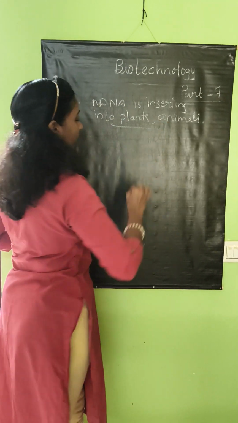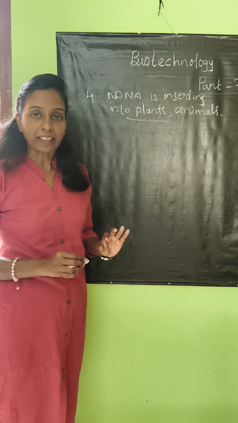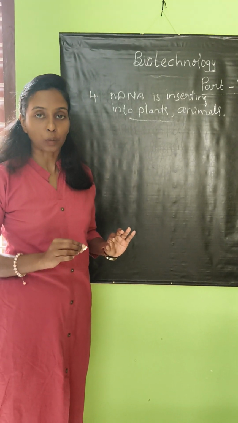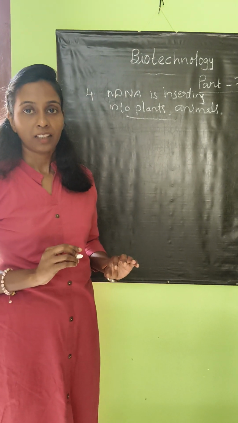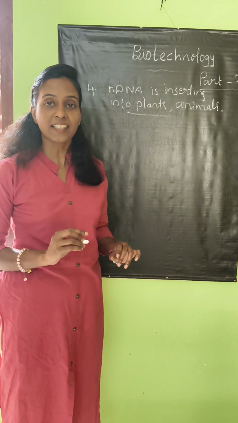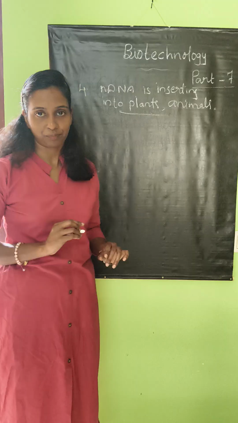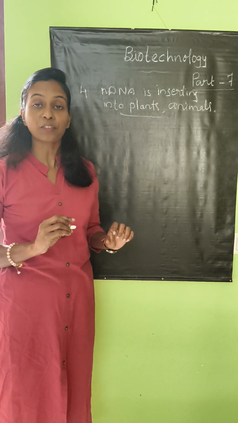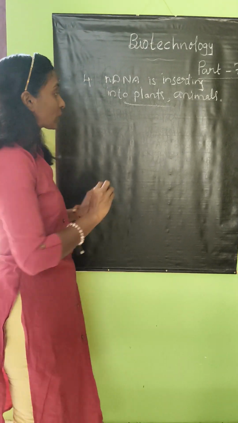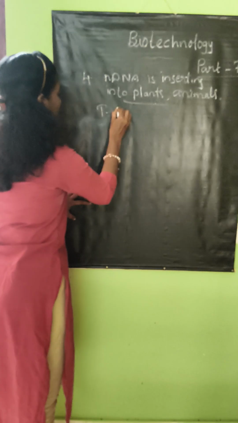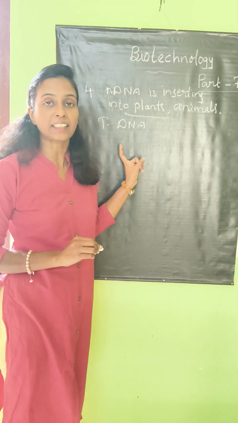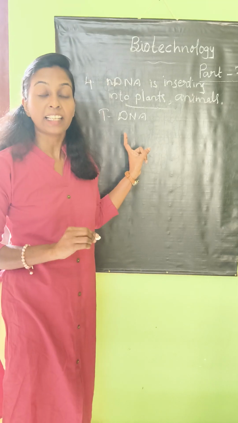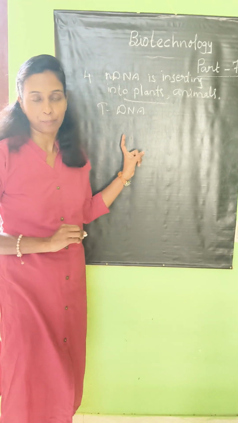Here you can understand one bacterium, or pathogen, Agrobacterium tumefaciens. It causes cancer in dicot plants. It has a specific DNA called tDNA, and by inserting this tDNA it causes cancer in dicot plants.